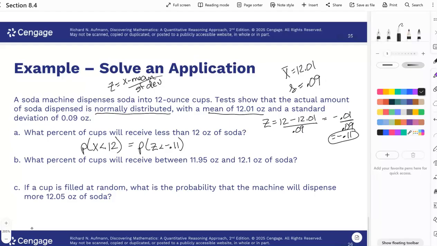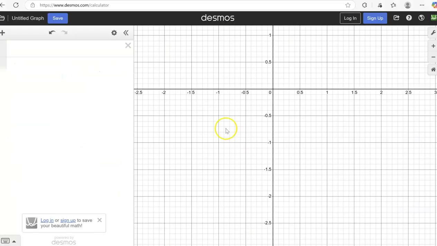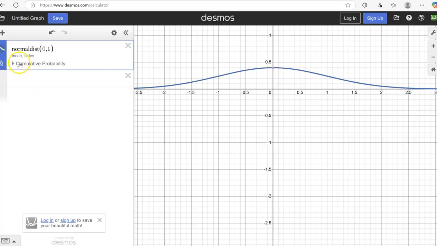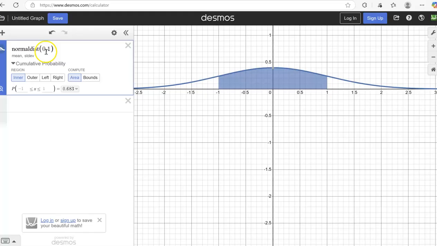So let's figure out what that's going to be. So we're going to go to Desmos. So I typed in n dot normal distribution, 0 and 1. Now how to fix that? It's just normal distribution, 0 and 1. Okay, so that's the mean and the standard deviation, and they tell you that there.